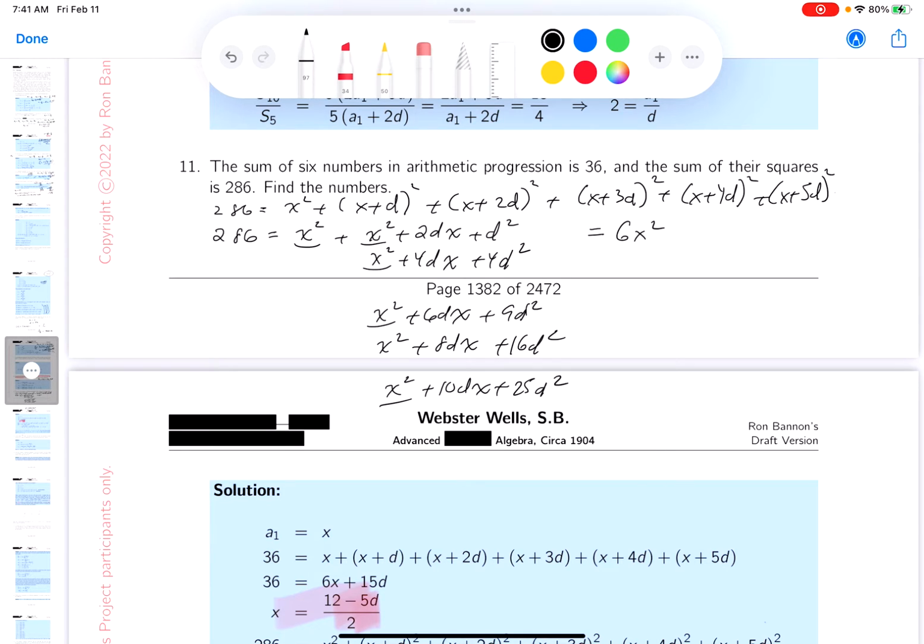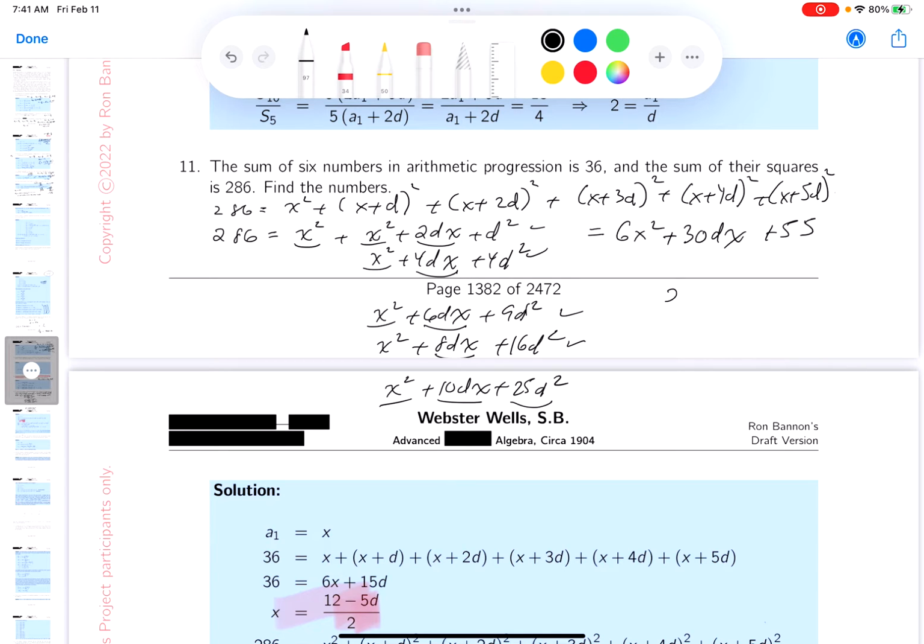And then I'm going to do these dx's: 2, 6, 12, 20, 30. So 30dx. And then get these square terms: 25, 31, 41, 50, 54, 55. All right, that was a lot of work, but I did get something.